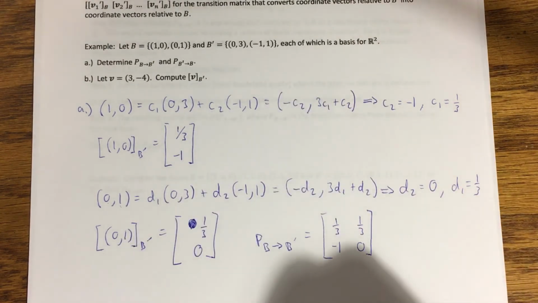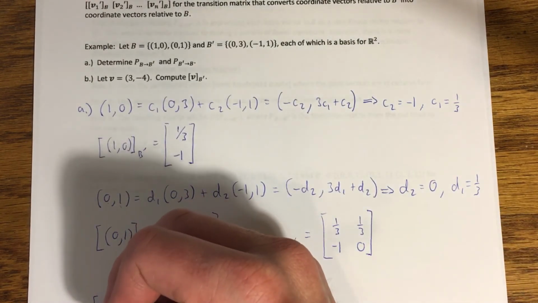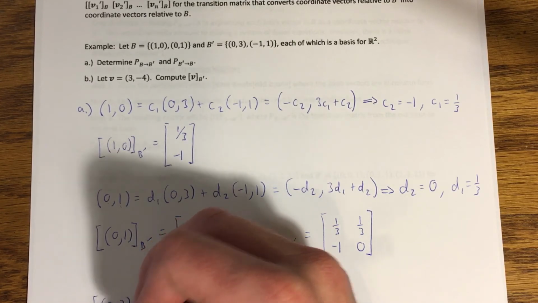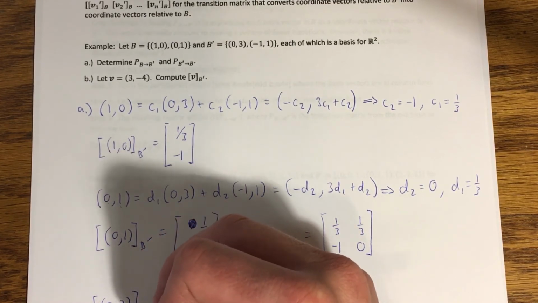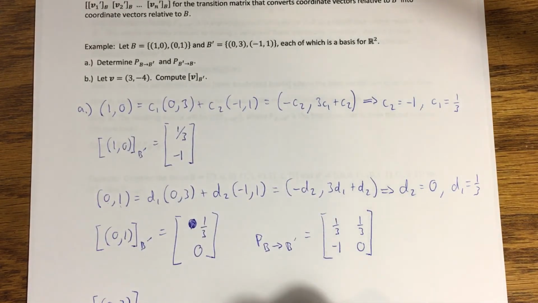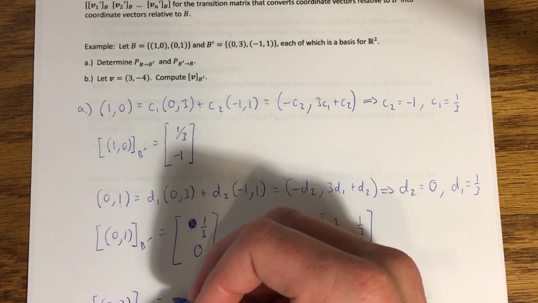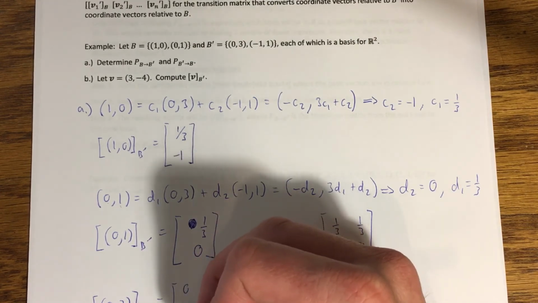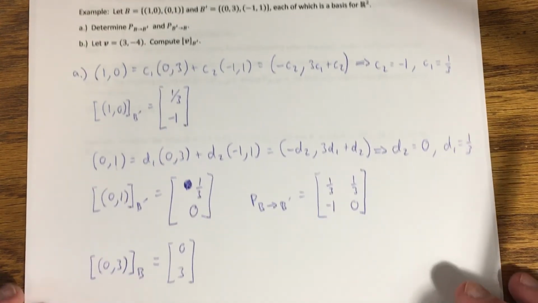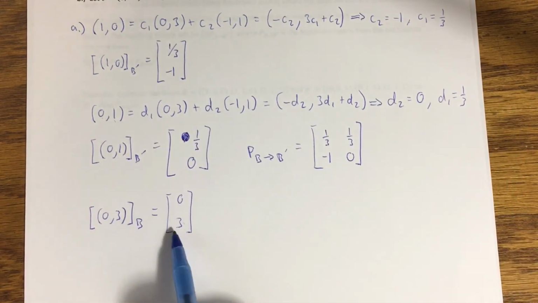I'm going to let you determine why this happens, but if I want to express, for example, 0, 3 relative to B, where B is now the standard basis for R2, it turns out that this is just equal to 0, 3. It looks exactly like the original vector.